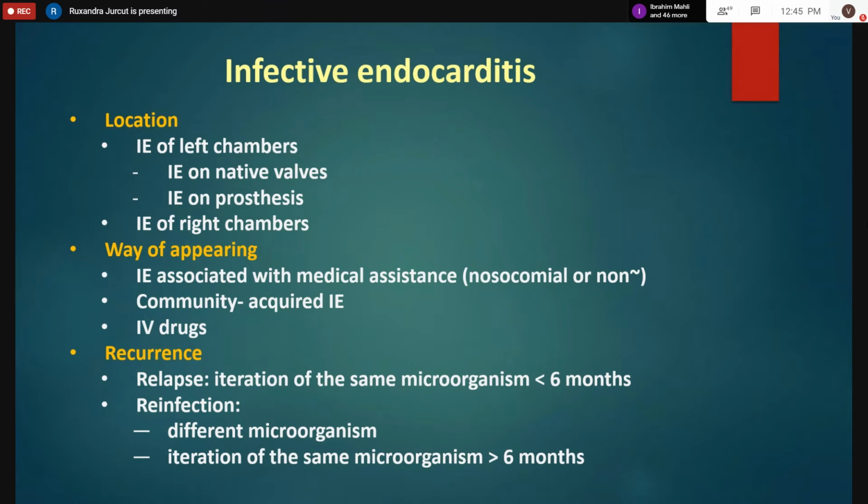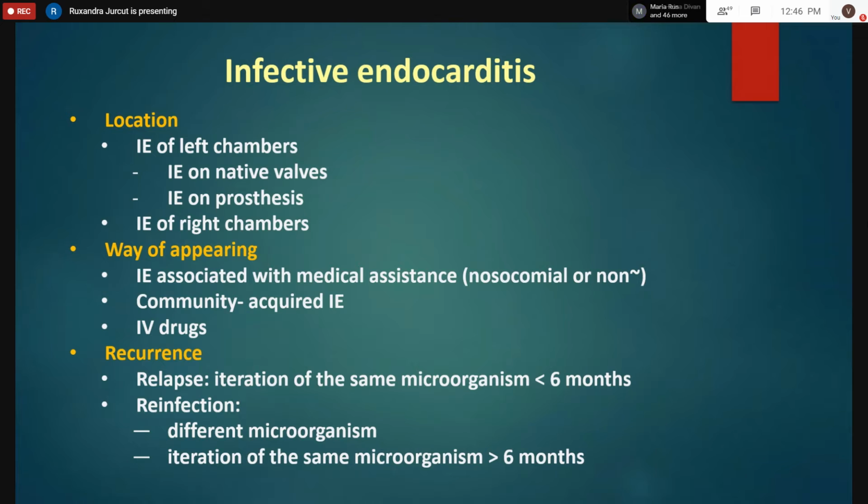And the last way of classifying is the recurrence, because some patients have a recurrence of the endocarditis. If it's not the first episode, then you should ask yourself, could it be that the first episode was not correctly cured and this is just a continuation of the first episode?